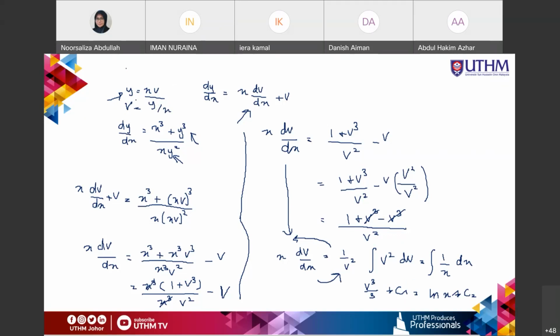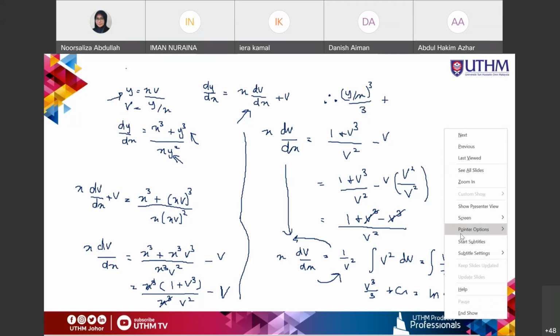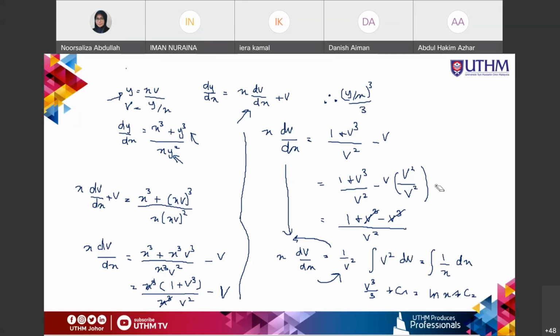Then your final equation will be, v substituted with y over x, so you have y over x power of 3 divided by 3 equals ln x plus C, where C equals C2 minus C1.